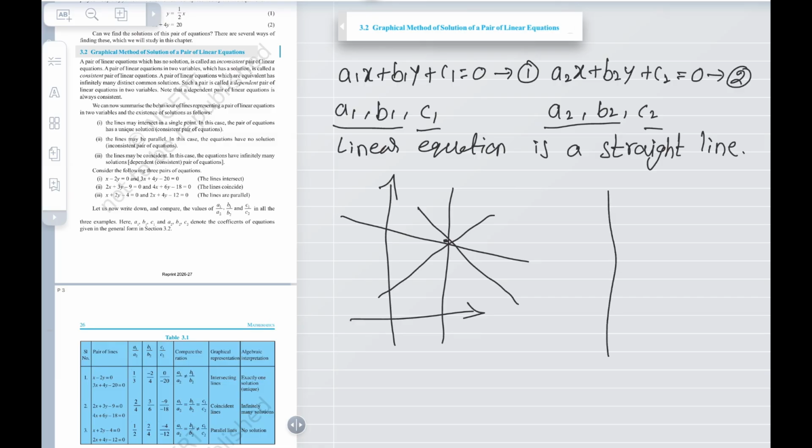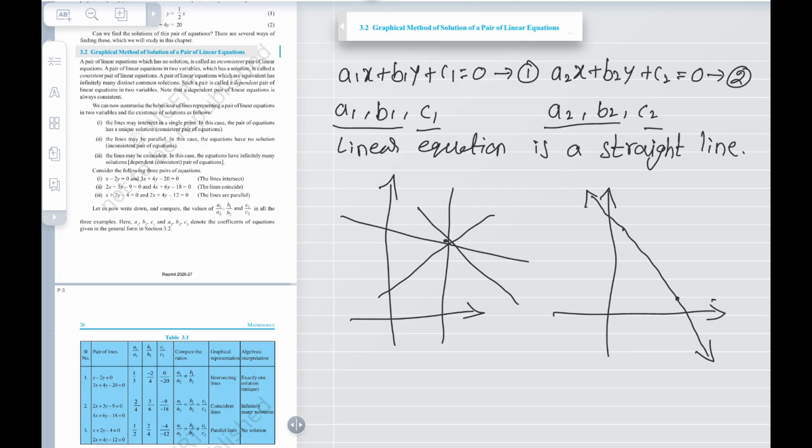Whereas a linear equation in two variables has infinitely many solutions, and we need 2 points to get the exact direction of the line. This is the reason behind the linear equation in two variables: you get the exact direction of the line geometrically.